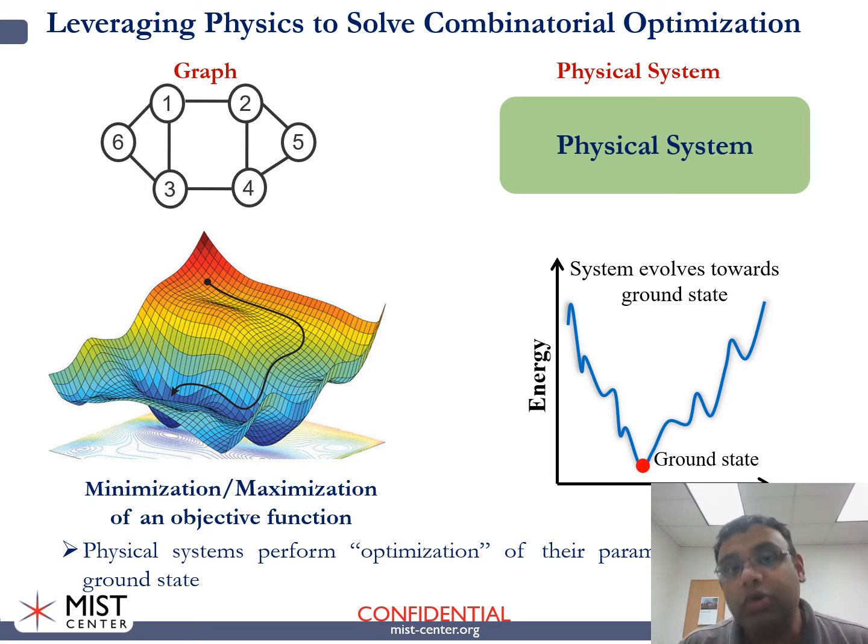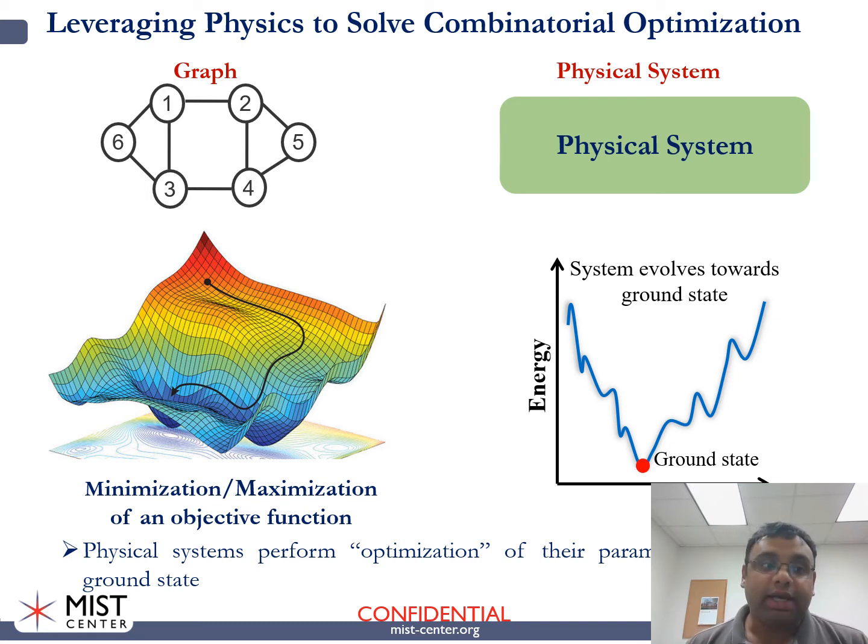Because if we can do that, then we would be able to minimize or maximize this function naturally, because the system is naturally going to minimize its energy, and as it evolves towards the ground state, it would naturally minimize that energy function, and in the process also end up minimizing or maximizing the objective function, depending on how it is mapped to your physical system.